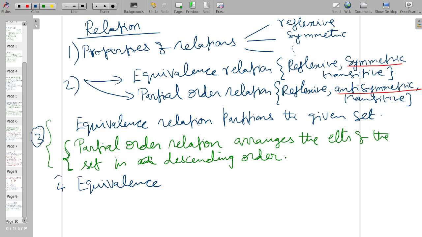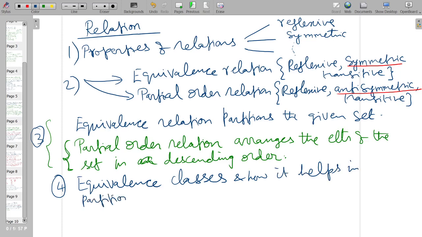The fourth part here is we have defined what is an equivalence class and how it helps in partitioning the given set. Okay, and before this equivalence classes, I have left out an important one.